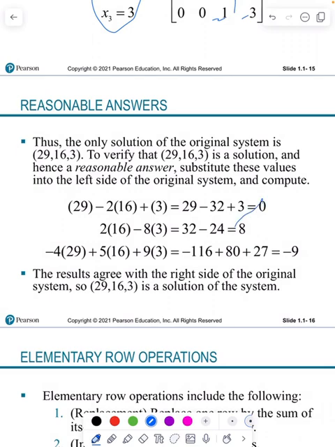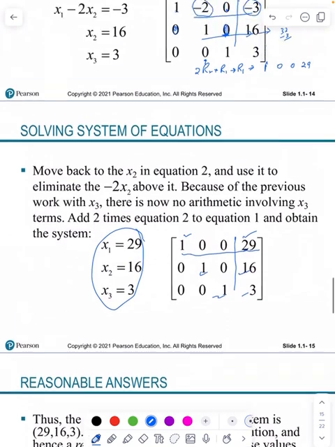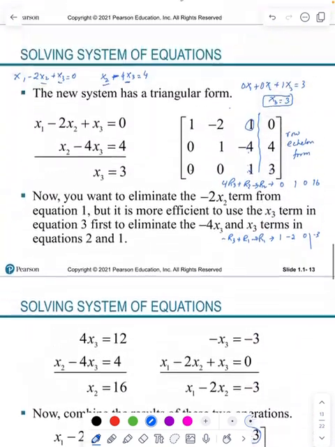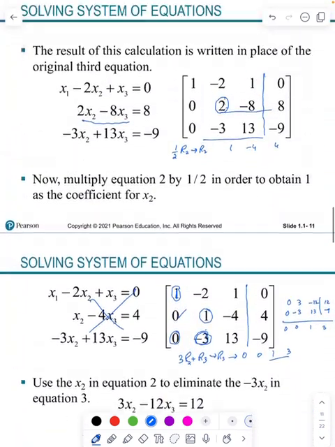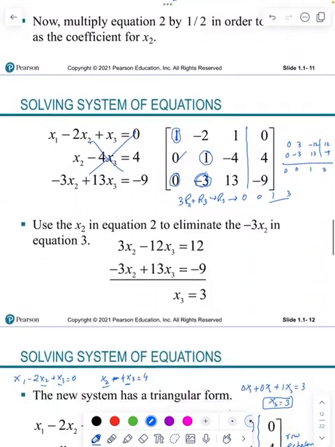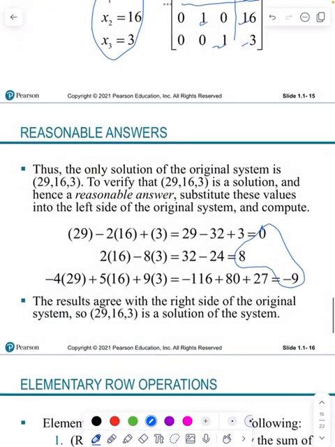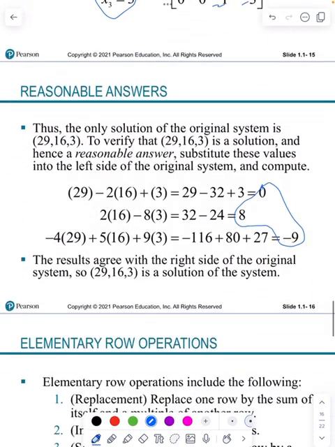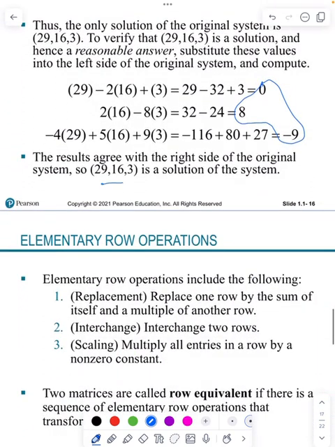You remember the original set of equations, we had 0, 8, and negative 9 on the right hand side, and when we plugged in here, we are getting the same values. So it means this is our solution.